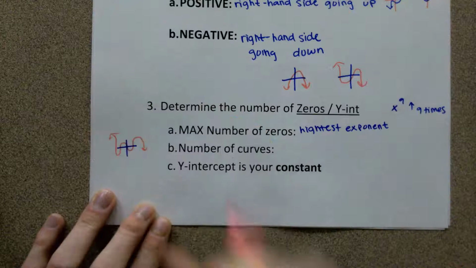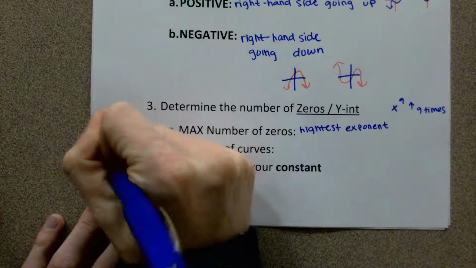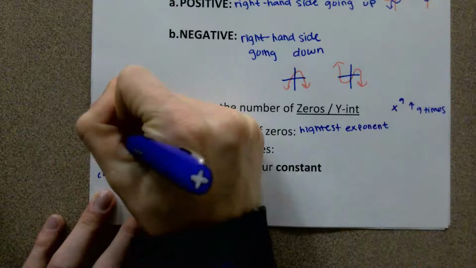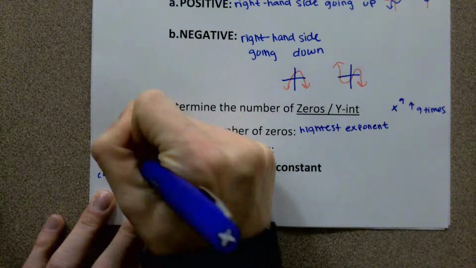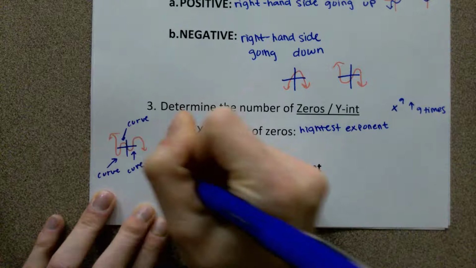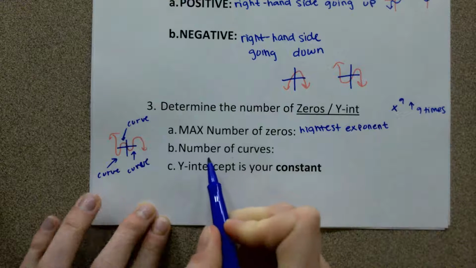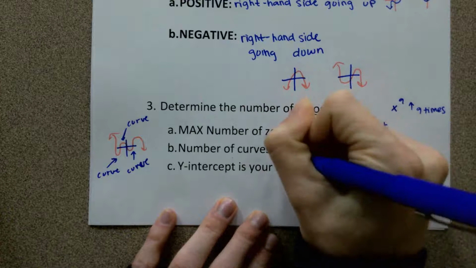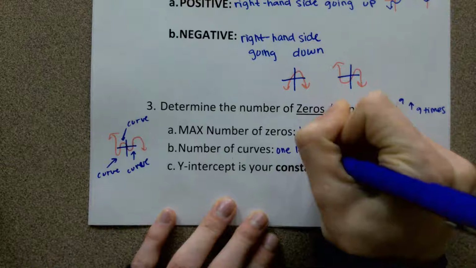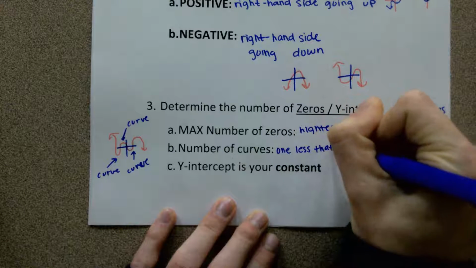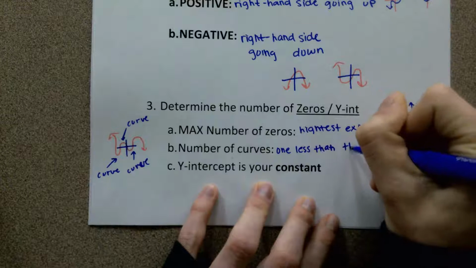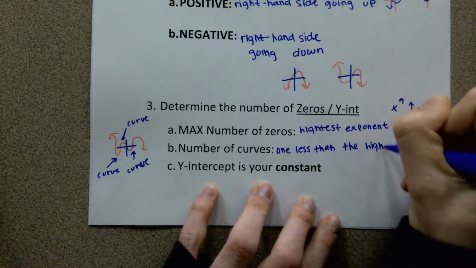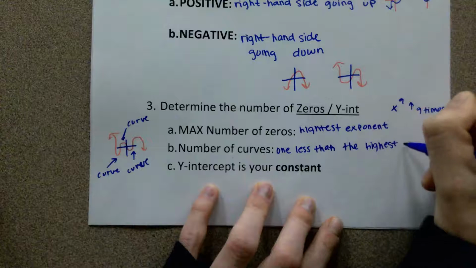And then the number of curves, so the number of times that my graph curves. Okay, so this is a curve, this is a curve, this is a curve. The maximum number of times that my graph can curve is 1 less than, oh my goodness, the highest exponent.